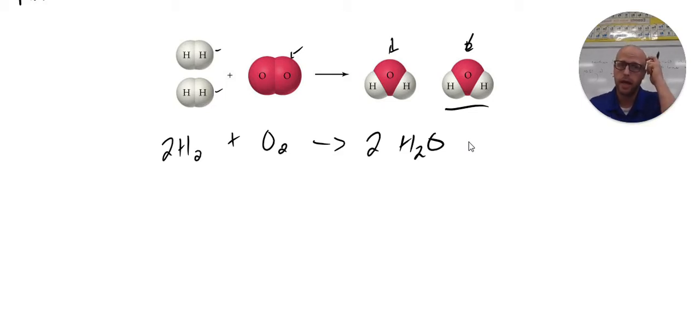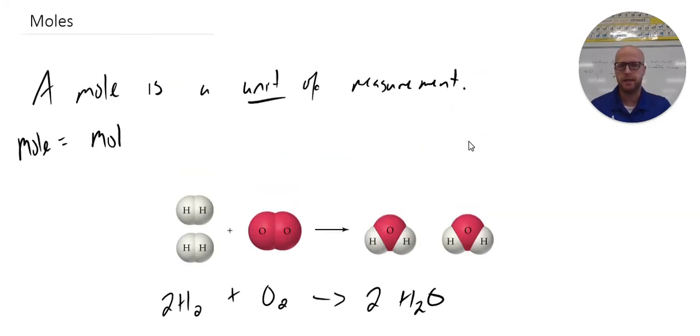The problem is that when we see a chemical reaction, we're obviously not seeing it on the atomic level, right? Because atoms are so very small. But we need a way to count these atoms in order to know how many atoms I have. And that's where the concept of a mole comes in. Since atoms are so small, we can't say, hey, dozens of atoms.